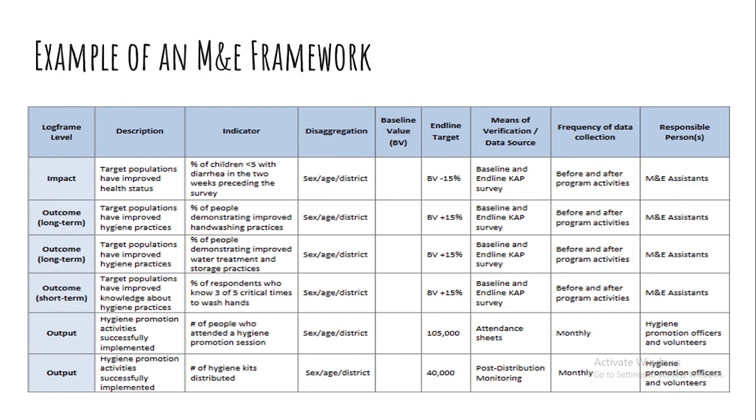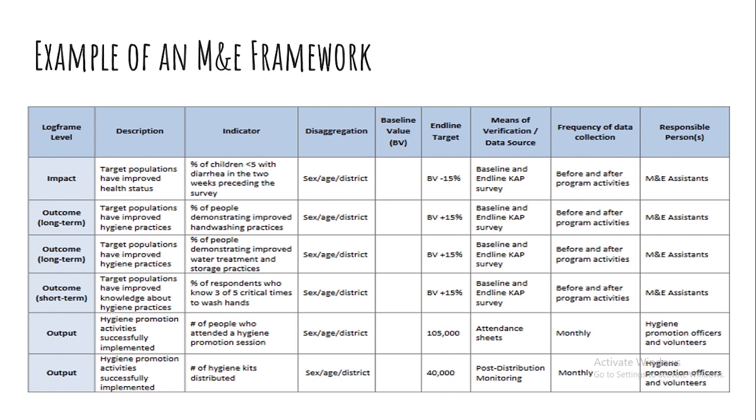So this is an example of a monitoring and evaluation framework. Here we have the Logframe levels, which I talked about, the hierarchy of results. So here you have your impact, which you clearly define. In this case, they define the impact as target populations have improved health status.